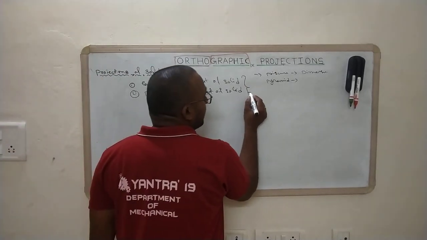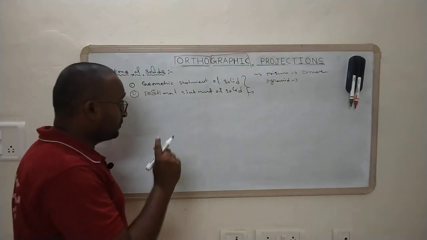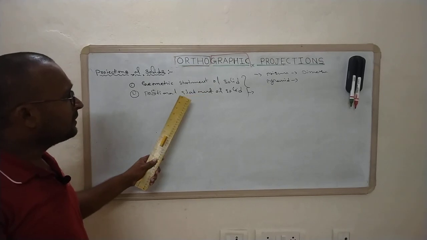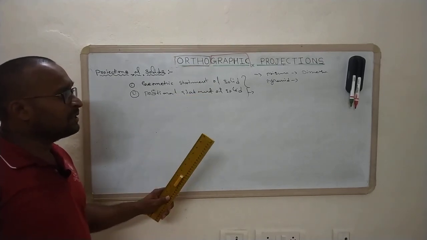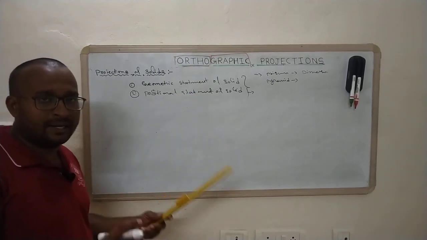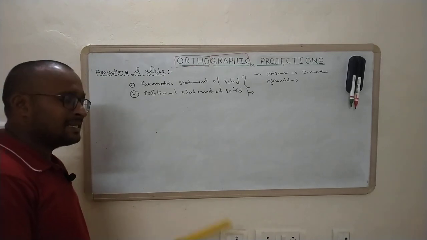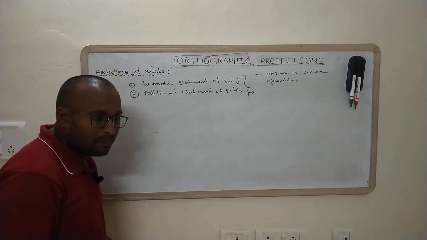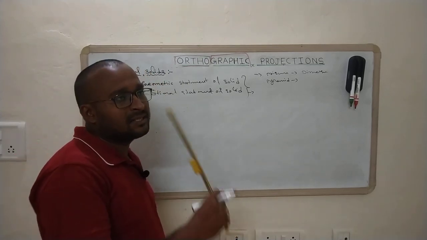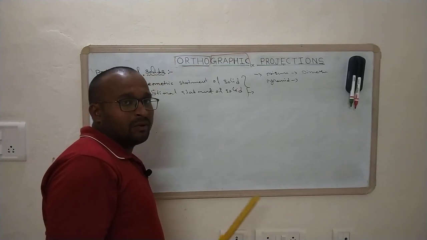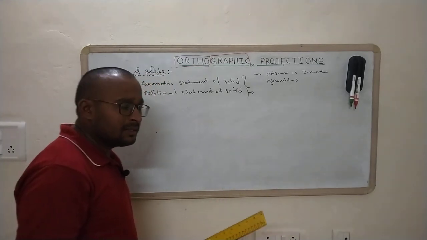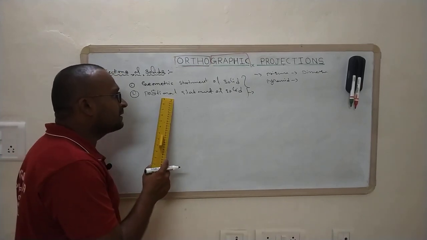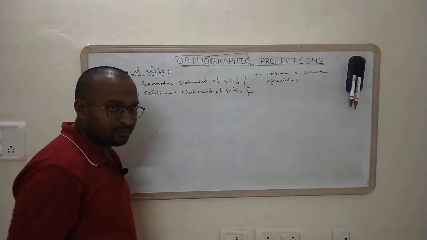And then the second one is the position of the solid. The position may be of different types, as I already told. The axis may be perpendicular to HP and parallel to VP, inclined to one plane and parallel to another plane, inclined to both the planes, or parallel to both the planes. There are several kinds of positions available, and that position statement will be given.